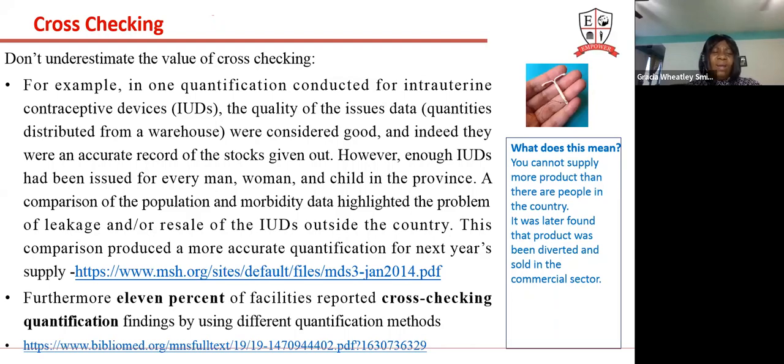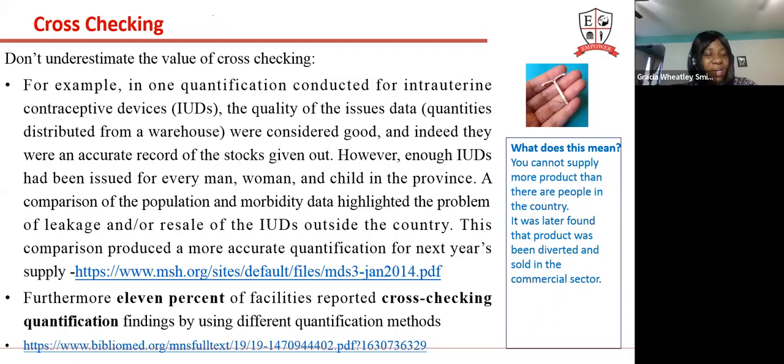But when you look at the comparison of population, the morbidity data highlighted the problem of leakage and/or resale of IUDs outside of the country. So when you put all principles together, you can identify a problem. This comparison produced a more accurate quantification for the next year's supply.